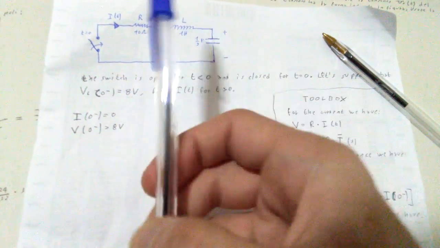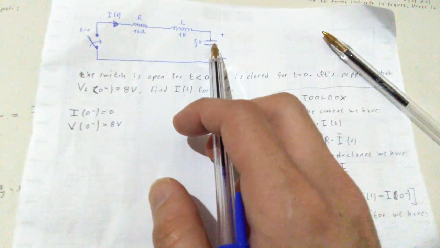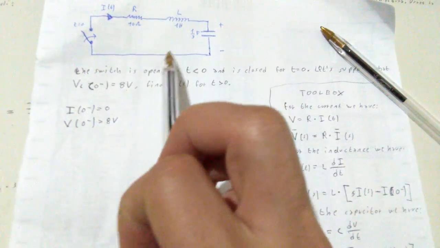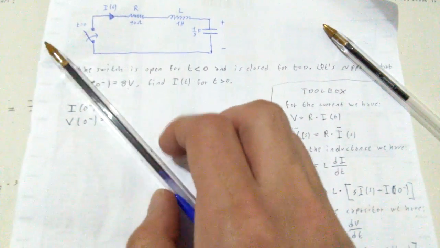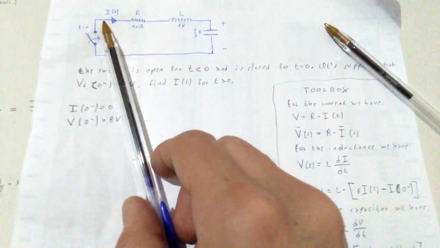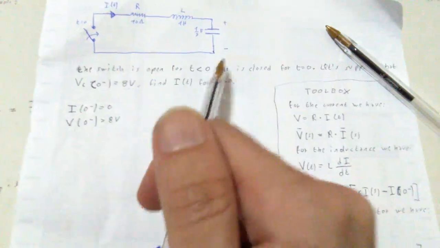Before drawing the new circuit, we have to keep in mind that once the switch is closed, there's going to be current flowing, but there is no generator.